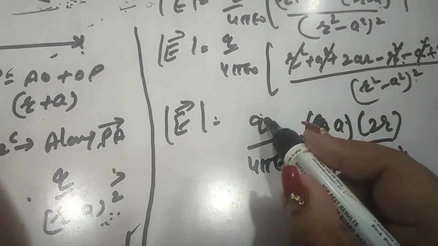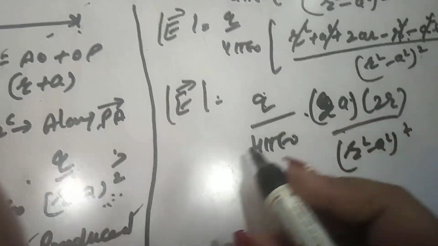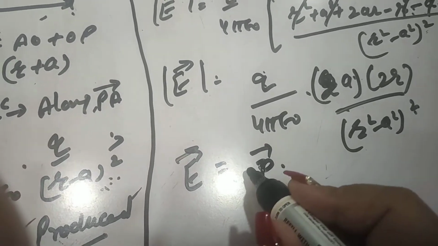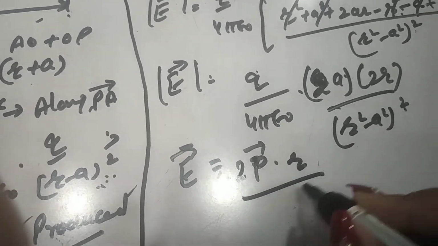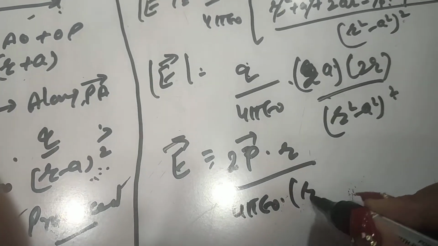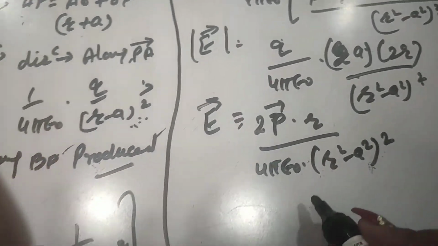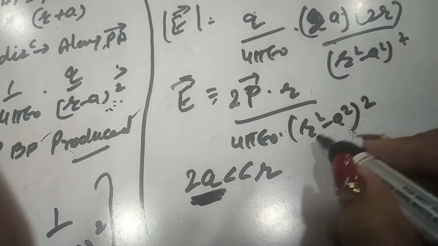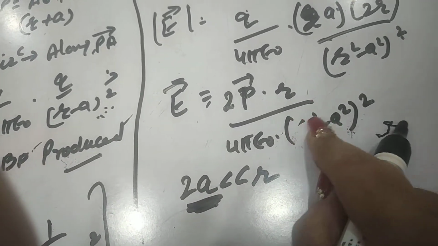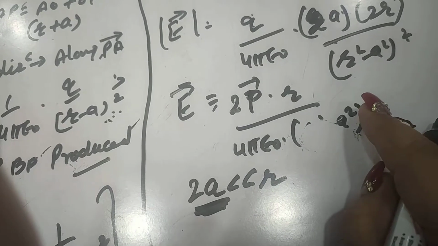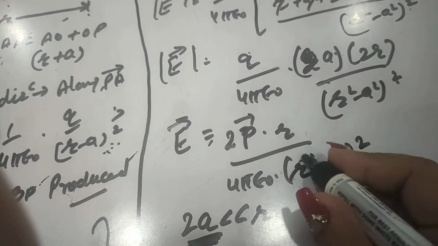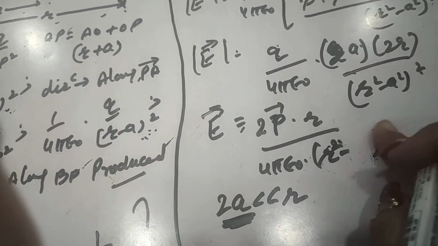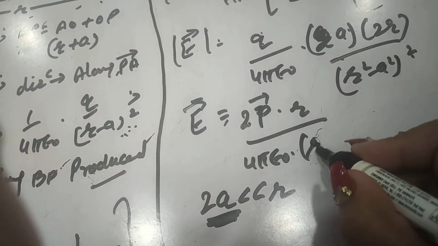So the next step was to put q into 2a is equal to p. So E vector is equal to 2p r upon 4 pi epsilon naught (r square minus a square) whole square. Next step was, for a short dipole, 2a is very less than r, so ignoring a square, a square will become 0, and we get r to the power 4.